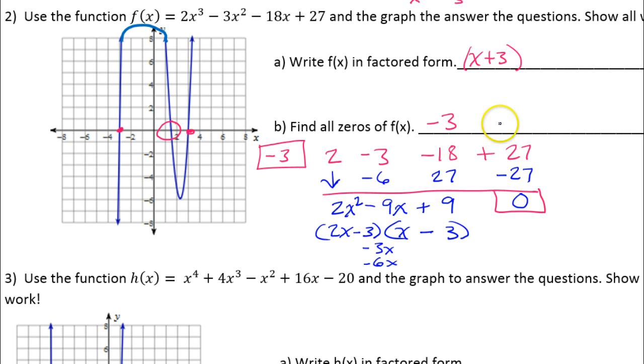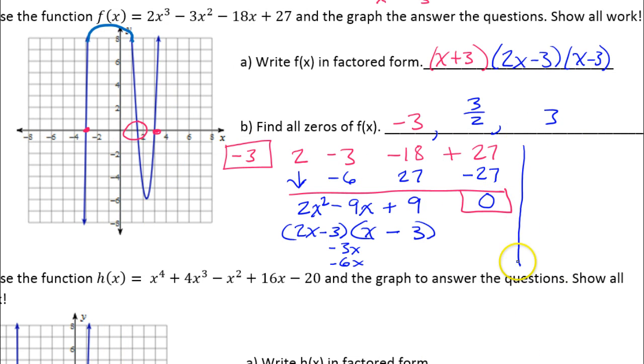So we have our other factors. We have 2x minus 3, and we have x minus 3. If we set these equal to 0 and solve, that's going to give us 3 over 2 and positive 3.